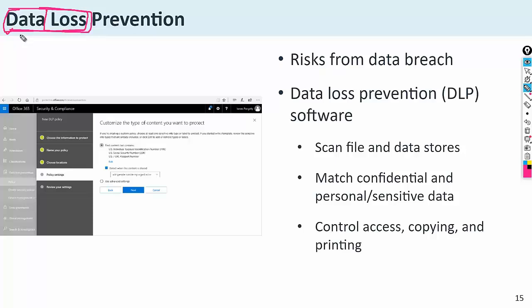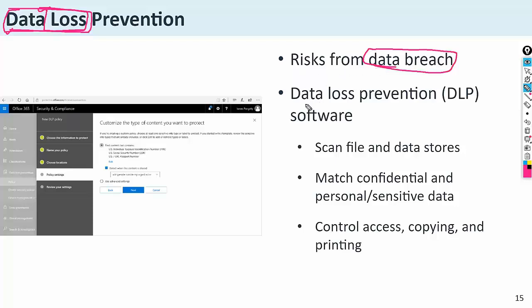Like you have lost your pen drive, you have lost your mobile device. So yes, it is possible to have data loss, so it is necessary to prevent it. There is also the possibility of a data breach, which means any type of data is breached by an attack, by an insider, or someone.